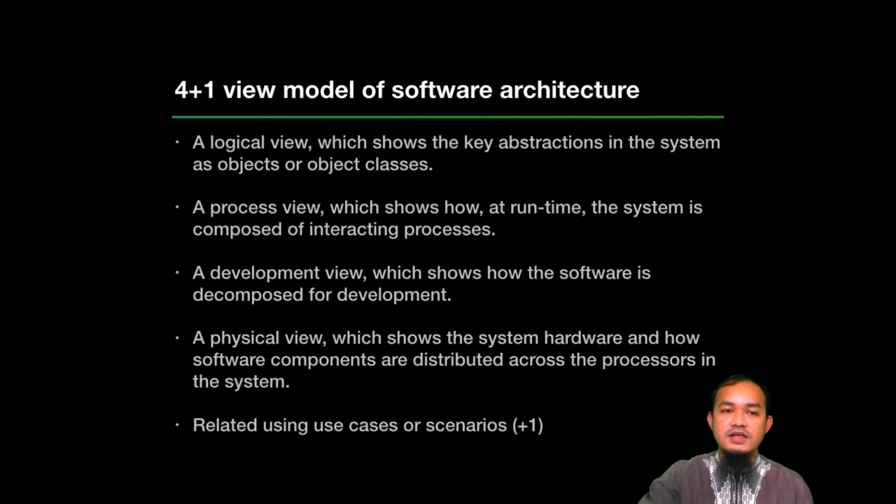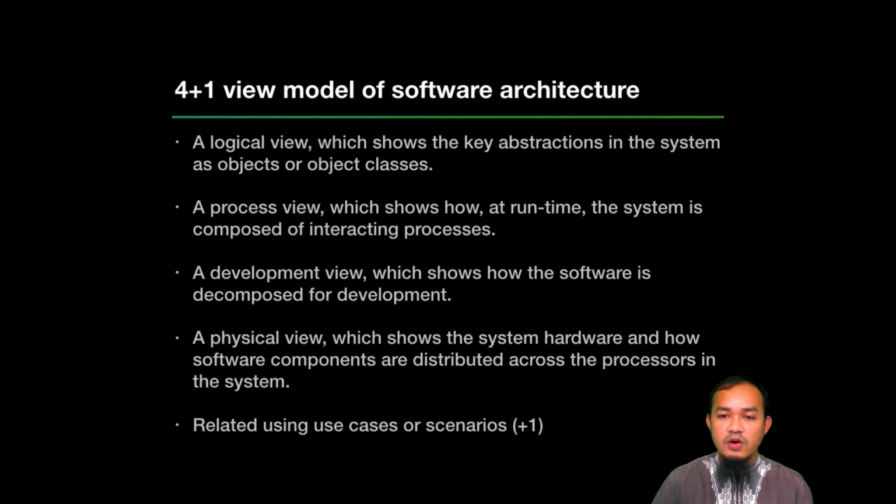You can see here that the logical view shows the key abstractions in the system, as objects or object classes. The process view shows how, at runtime, the system is composed of interacting processes. The development view shows how software is decomposed for development, so developers can create the software.